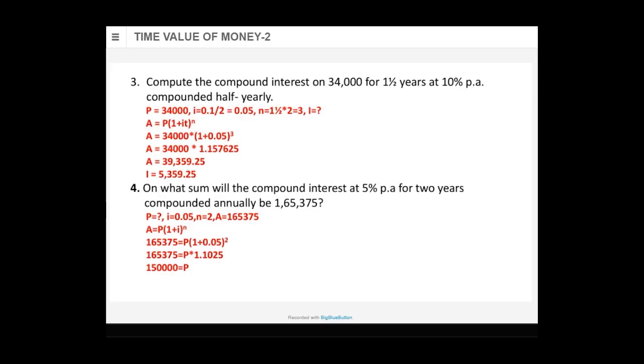Third one, check on a calculator. I may make a mistake. I'm a human being, I can always make a calculation mistake. Check the accuracy, especially that 39,359.25.